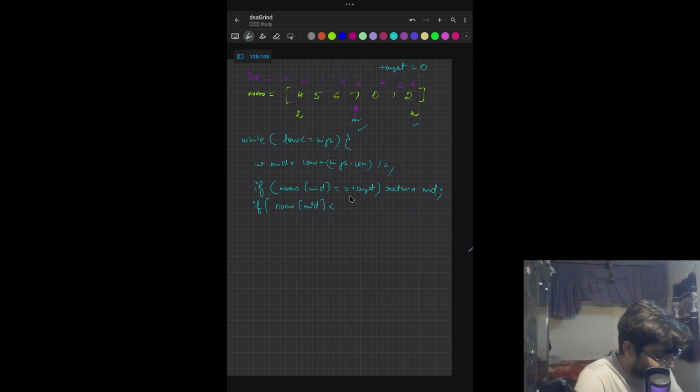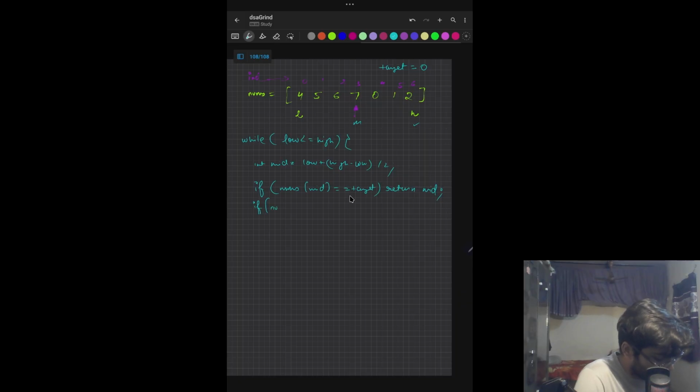We have to check for this first: whether the sorted array is on the left of mid.